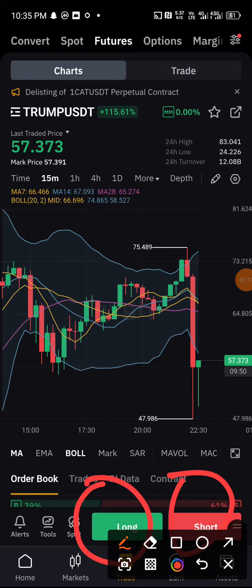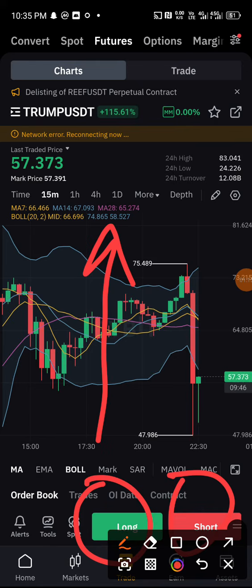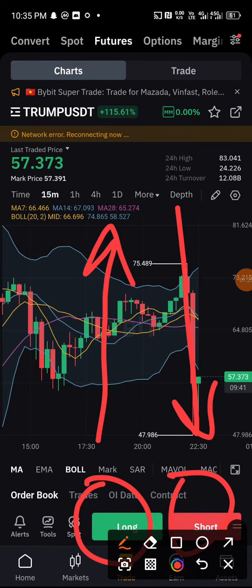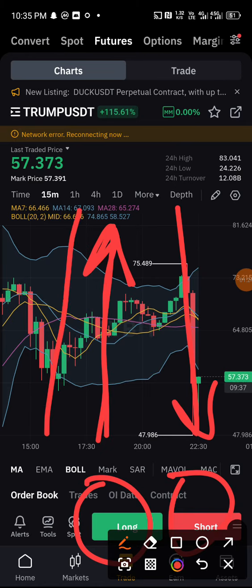So long means you are predicting the coin to go up, and short means you are predicting the coin to go down. If you predict the coin to go up and it moves in your direction, you'll be in positive, you make profit.